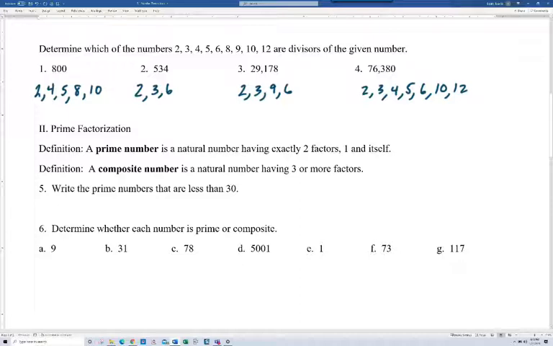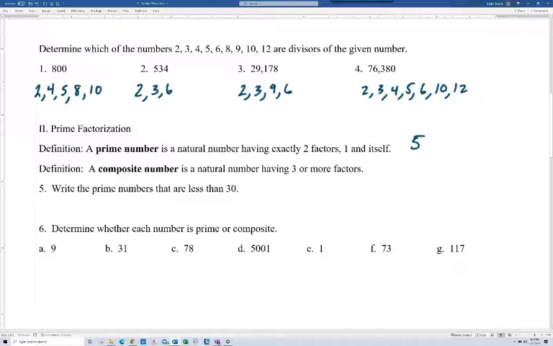First of all, our definition of a prime number is a natural number having exactly 2 factors, 1 and itself. For example, we know that 5 is prime because 1 times 5 is the only way to multiply 2 numbers and get 5.